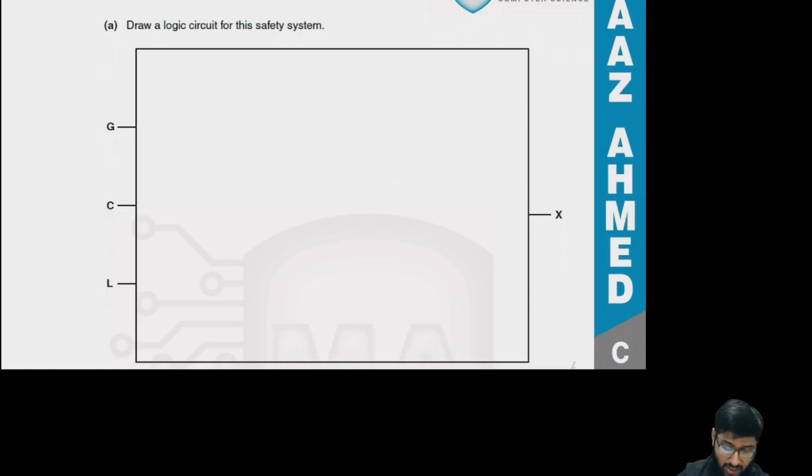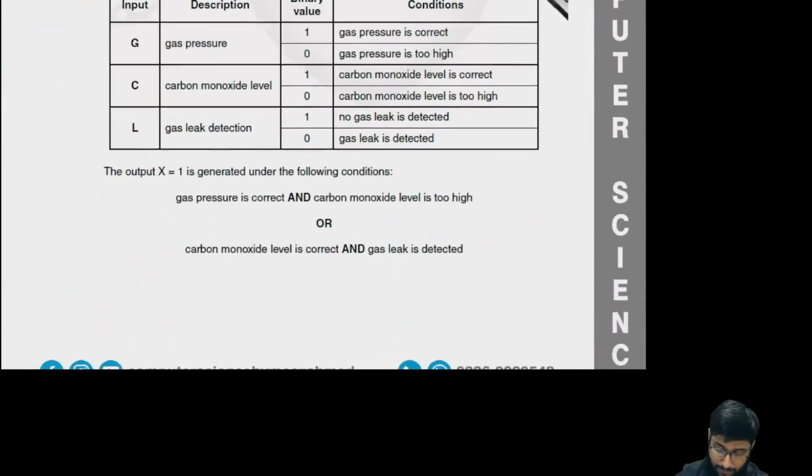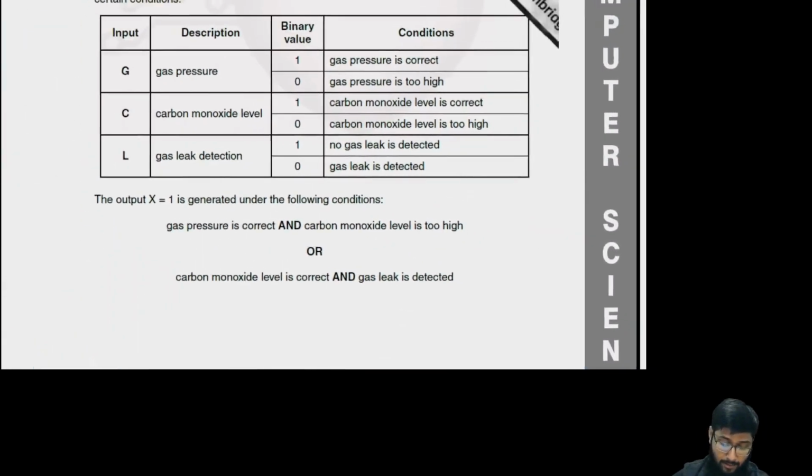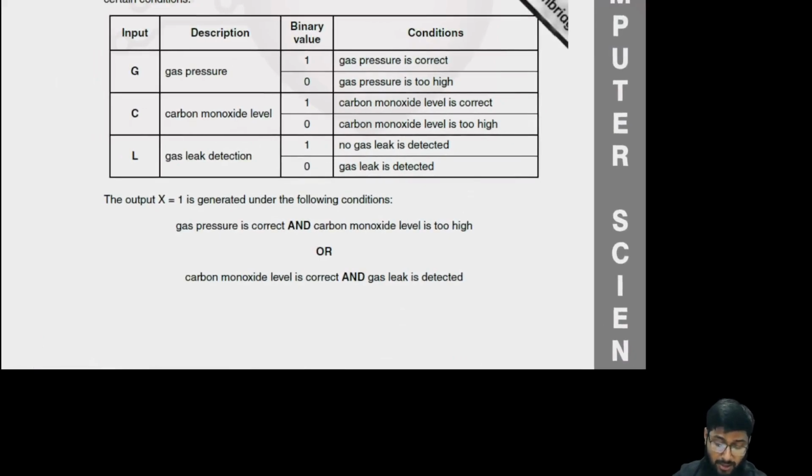We are given G, C and L. So first of all, they are saying gas pressure is correct. Gas pressure is represented by G, and if it's correct, the value of G should be 1. So the first input of the AND will be coming from G and it will be 1. The other one is coming from carbon monoxide is too high. For carbon monoxide too high, the value of C will be 0.